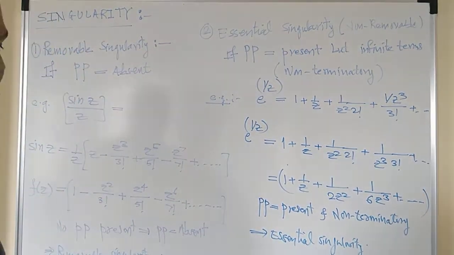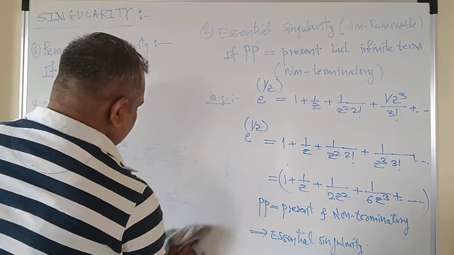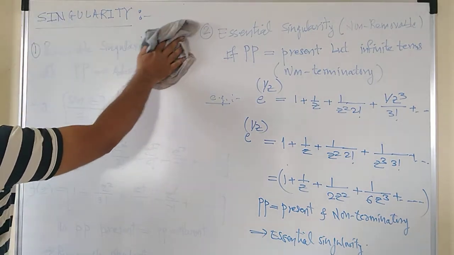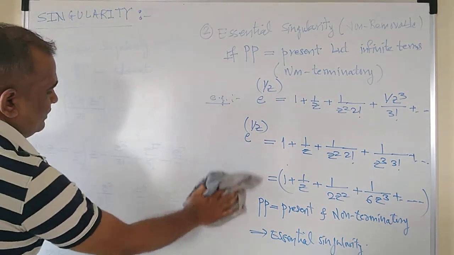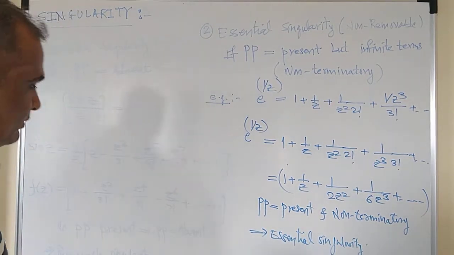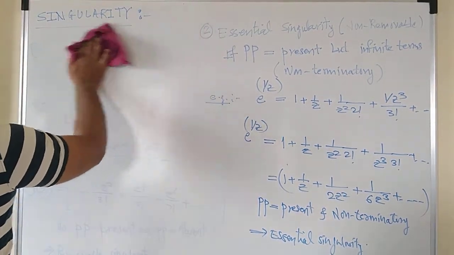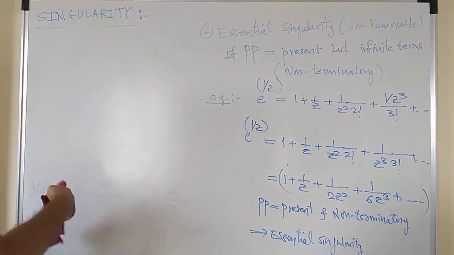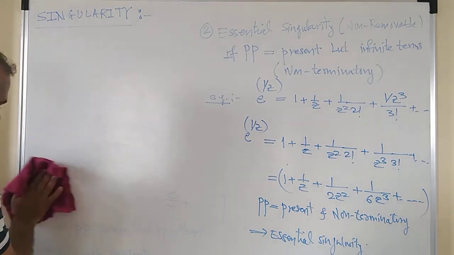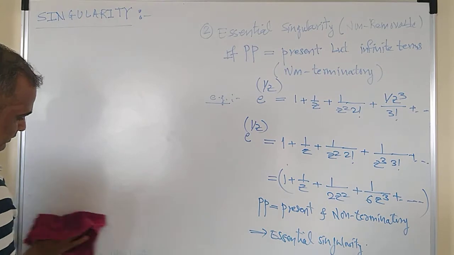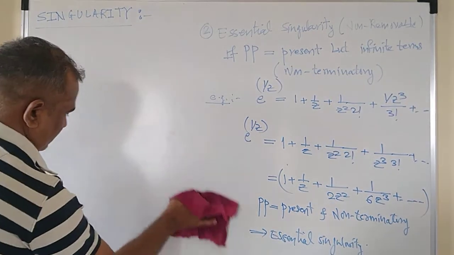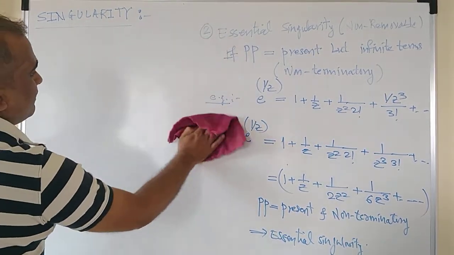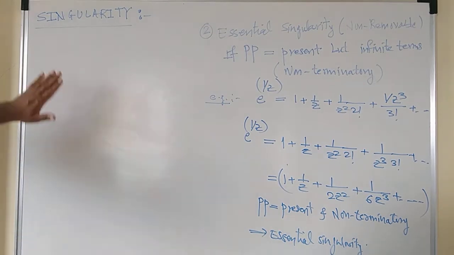Now let us move to the third type, and the third type is called pole of order.